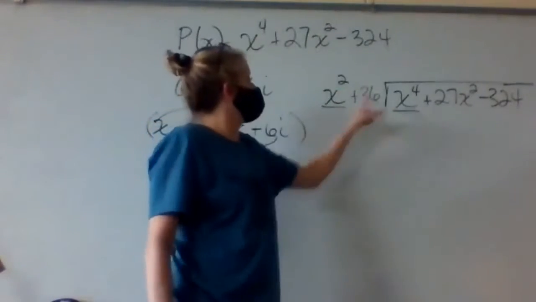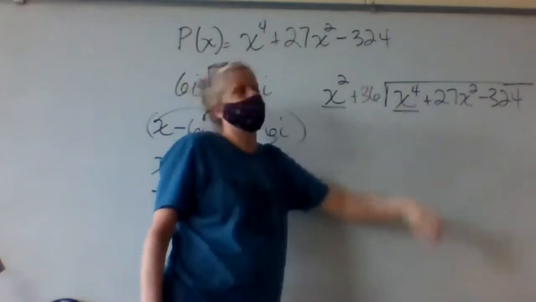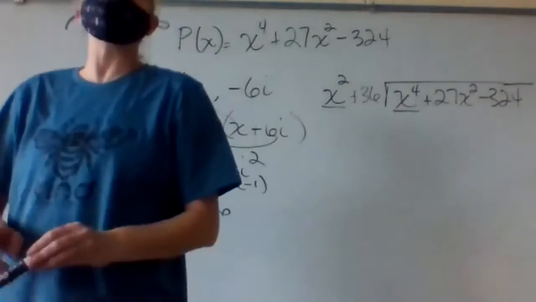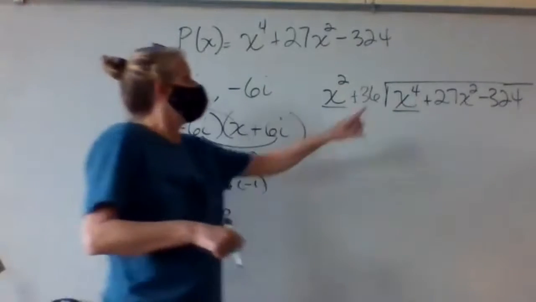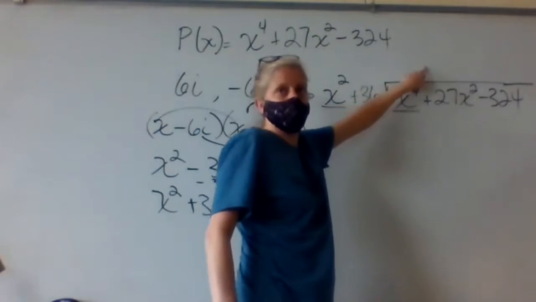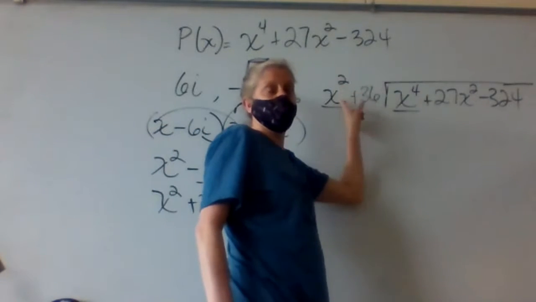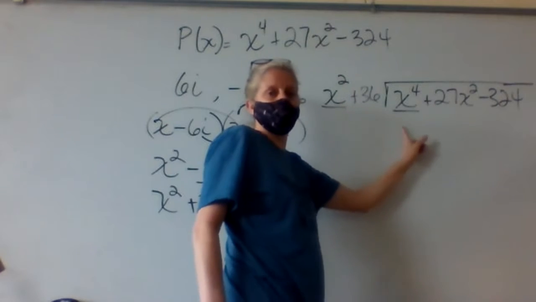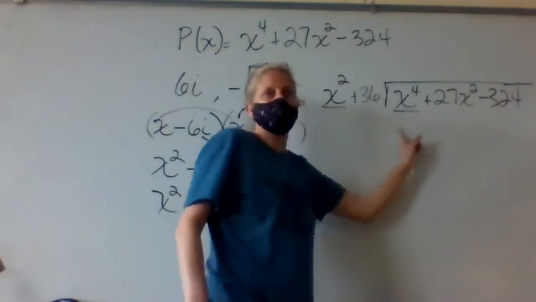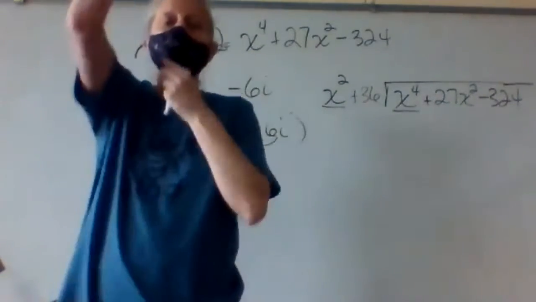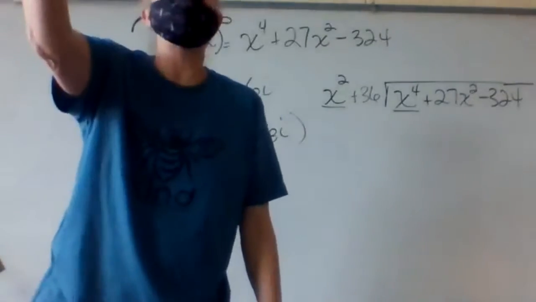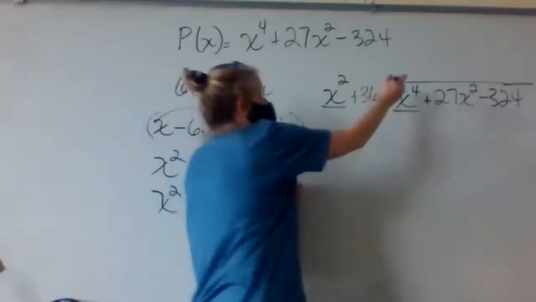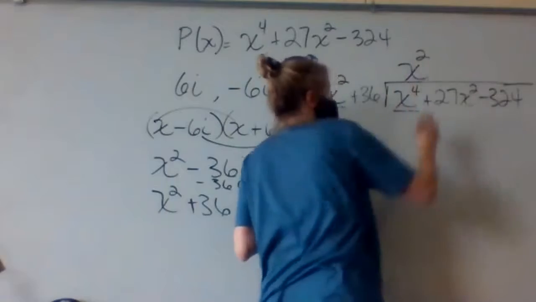So I'm going to say x squared goes into x to the fourth how many times? The way I like to think about it is, what do I need to put up here to multiply times x squared to make it x to the fourth? So in other words, x squared times what is x to the fourth? Exactly right. x squared times x squared.